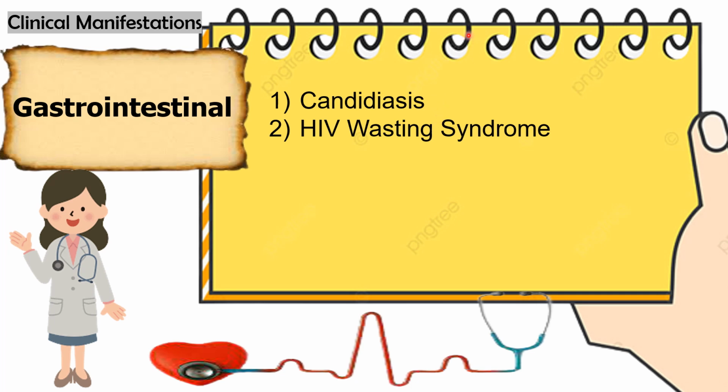Some of the enteric pathogens most frequently identified by stool cultures or intestinal biopsy are Cryptosporidium parvum, Salmonella species, Isospora belli, and etc.